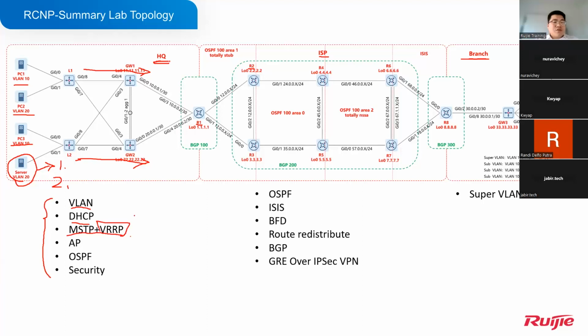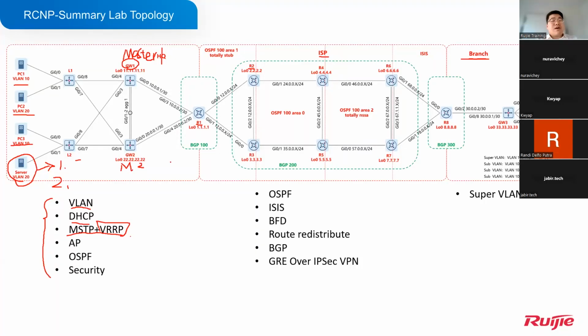VRP is the Virtual Router Redundancy Protocol. And by using VRP, we can build multiple VRP groups. And in each VRP group, for example, GW1 is the master of VRP group 1, and so we say it's master 1, and GW2 is master 2.